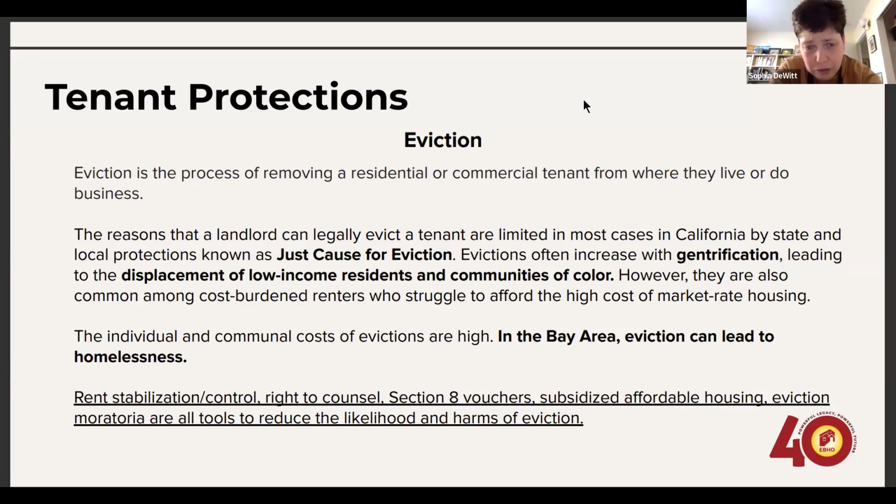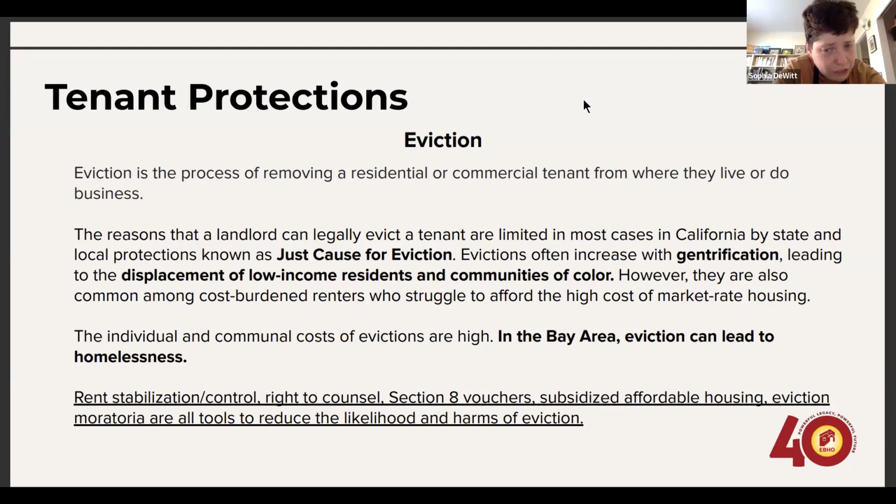Evictions also, you need to know that they often increase when gentrification is happening in a neighborhood, which often leads to the displacement of low-income residents and/or communities of color.